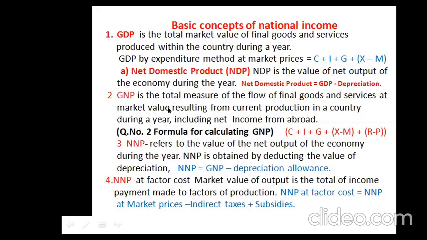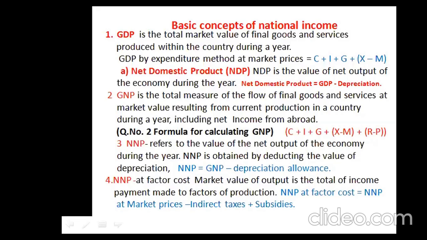So while calculating the GNP, we must add the income from abroad. The formula for calculating GNP is C plus I plus G plus X minus M plus R and P.